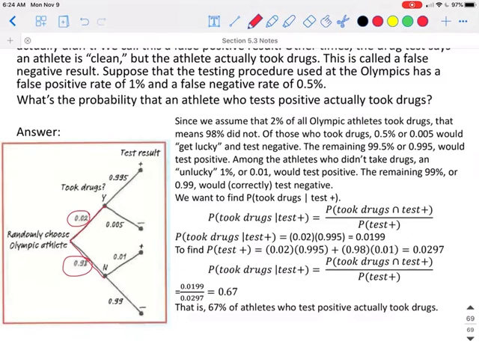Of those who take the drug, we know that they are going to get a false negative 0.5% of the time, or 0.005 written as a decimal. So that means 0.995, or 99.5%, of the time they will actually test positive. And we know that they will get a false positive 1% of the time. So 99% of the time they will correctly come back negative.